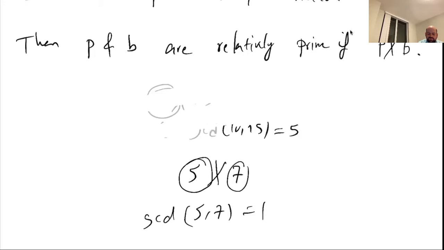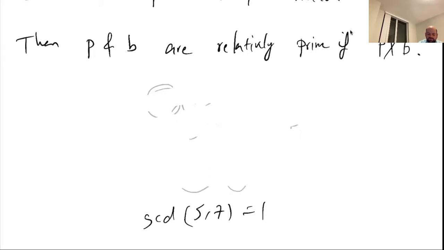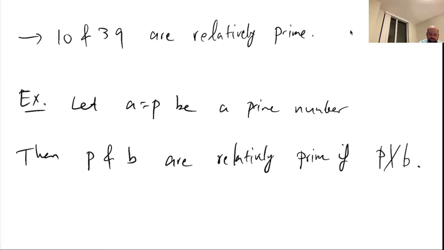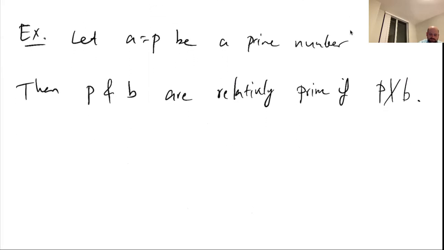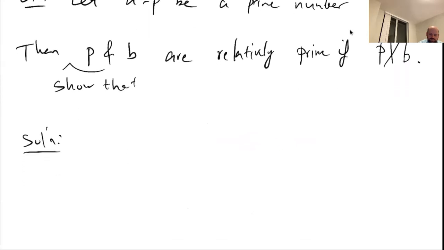Okay, so the proof for this is simple. Let me show that, because I wrote it as an example. Solution. Because P is already prime, the prime factorization of P is simply P to power 1. And the prime factorization of B is, for example, P1 to power N1 times Pk to power Nk.